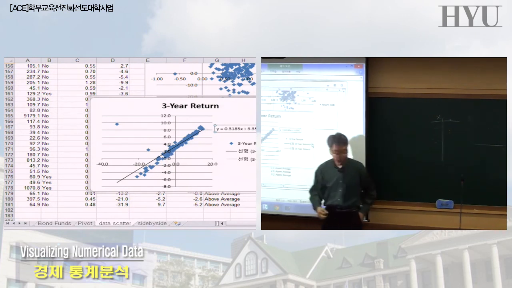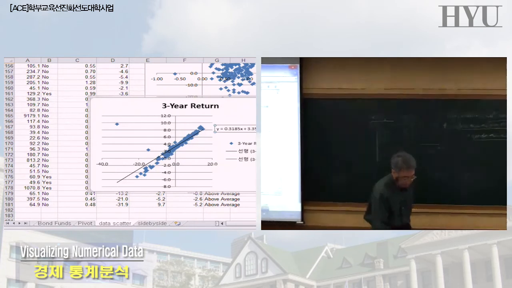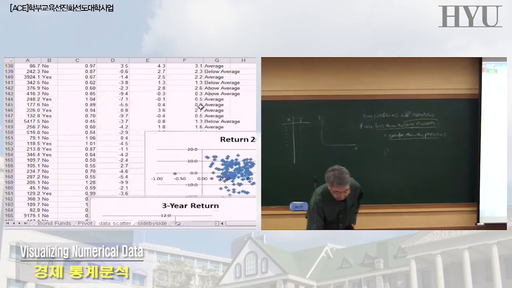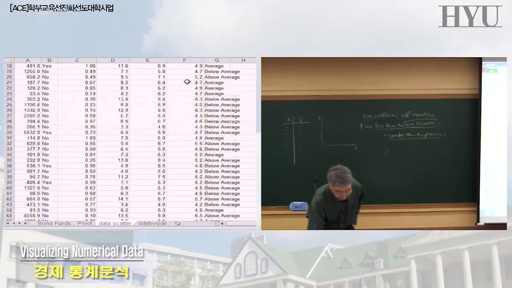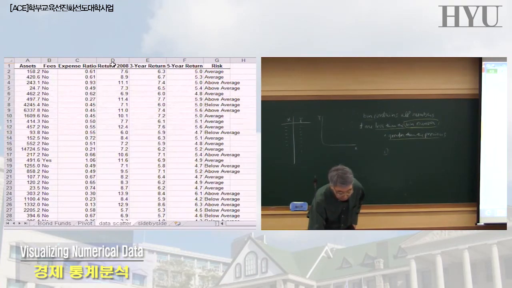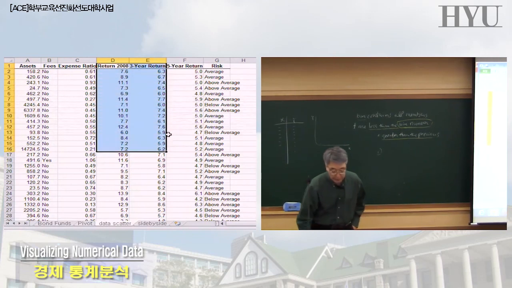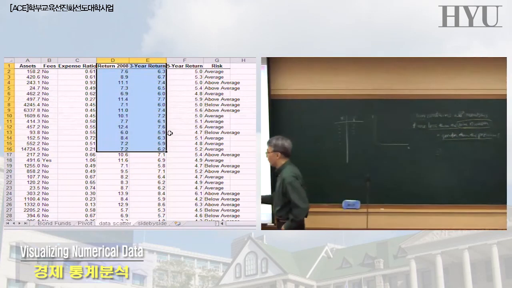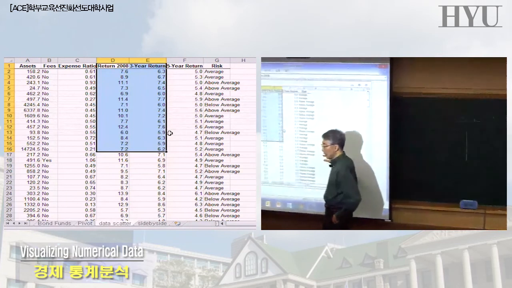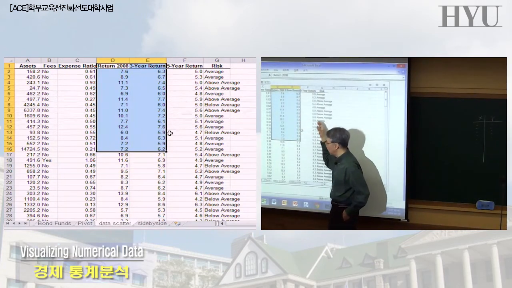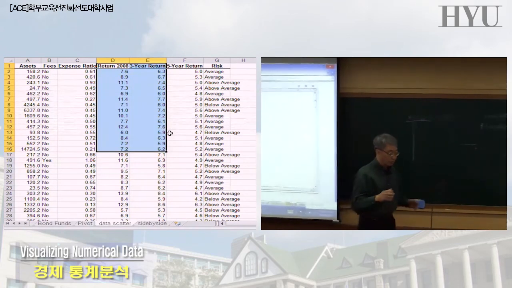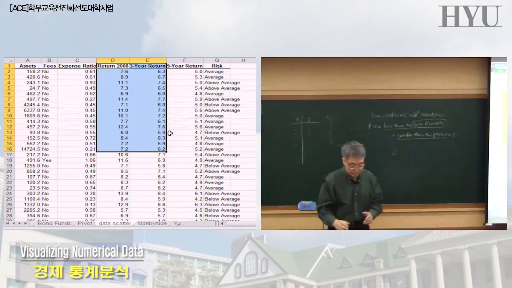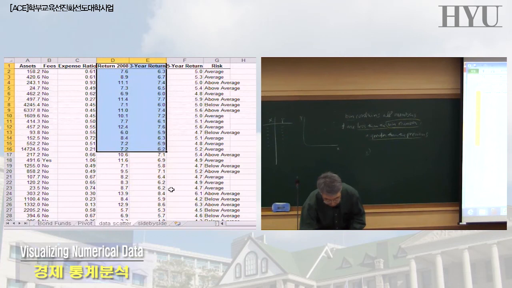And we tried 2008 return versus 3-year return, right? So if you highlight this way, apparently Excel uses the first column as the horizontal axis and the second column as the vertical axis. So if you want, you should be able to change that, right? Let me see if that works.